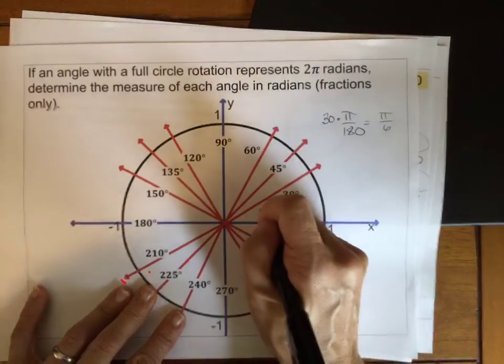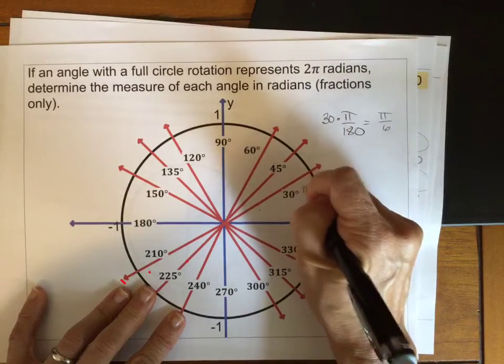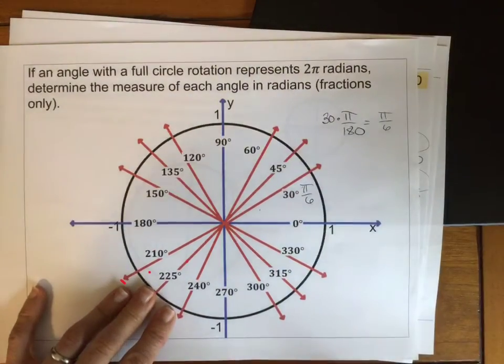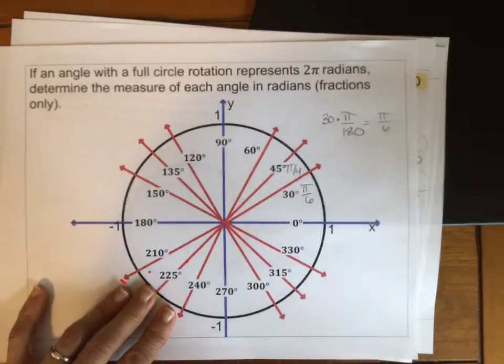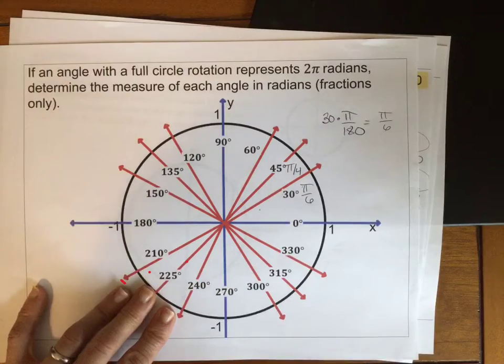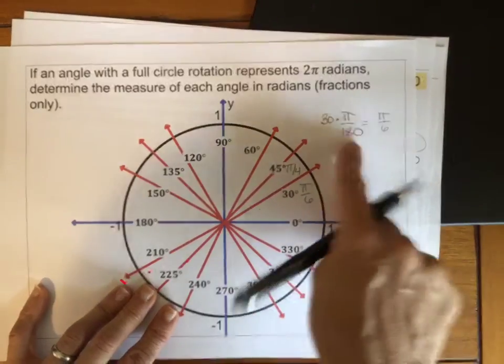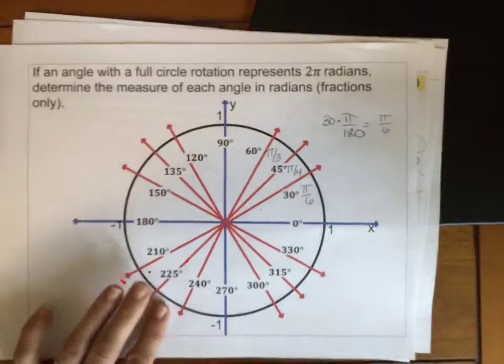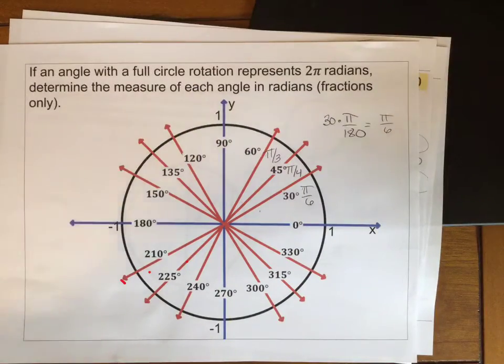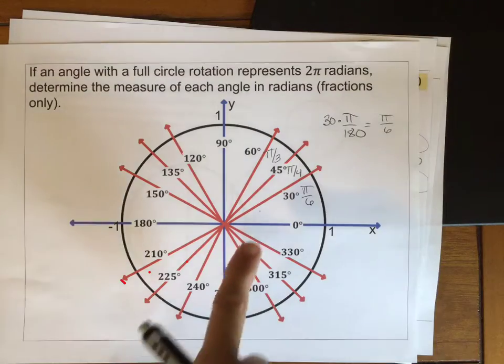So this angle here is pi over 6. If I did that with 45, I would see that it was pi over 4. And if I did that with 60, the same conversion that I did up here, this would be pi over 3.